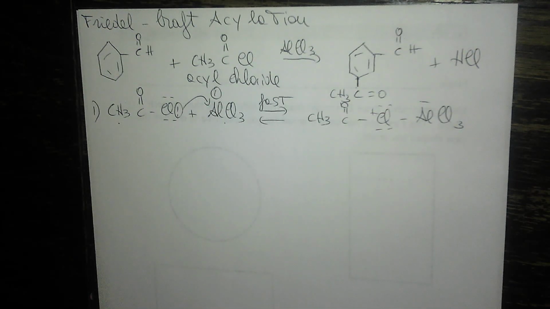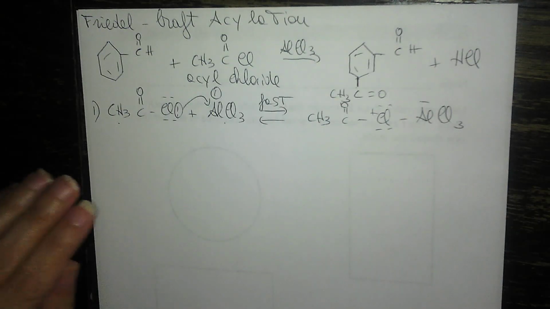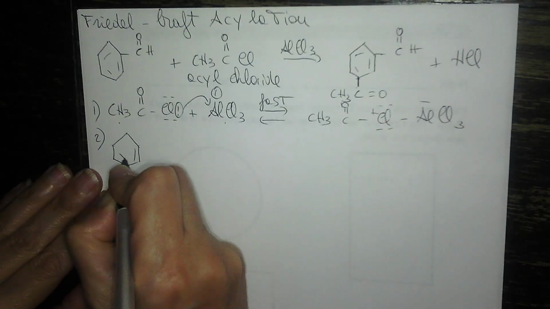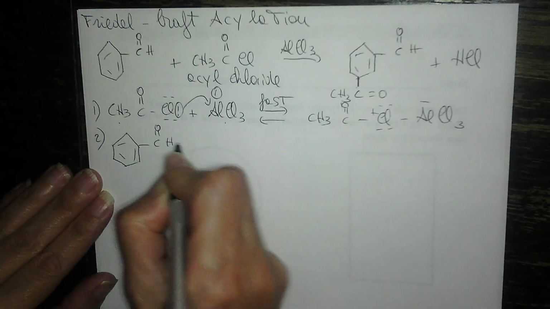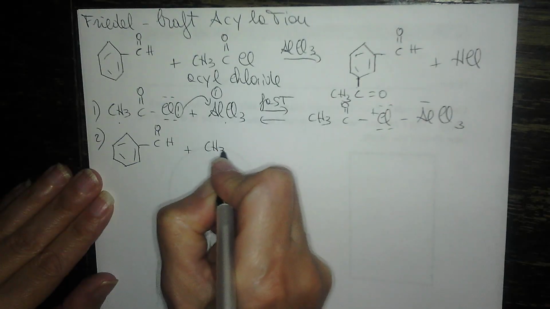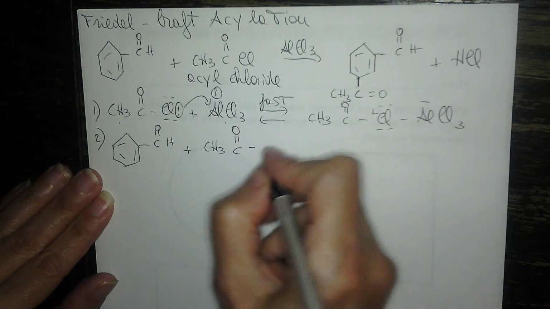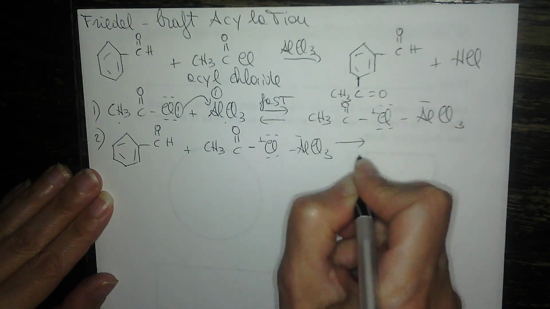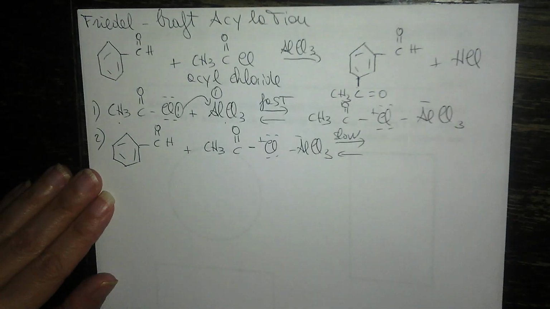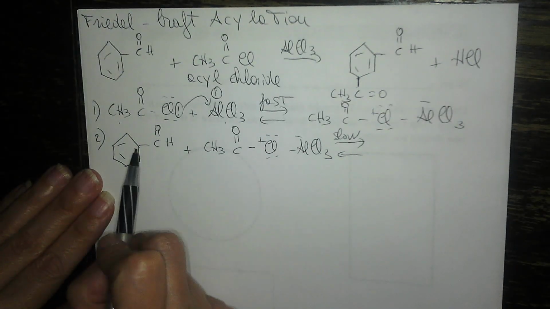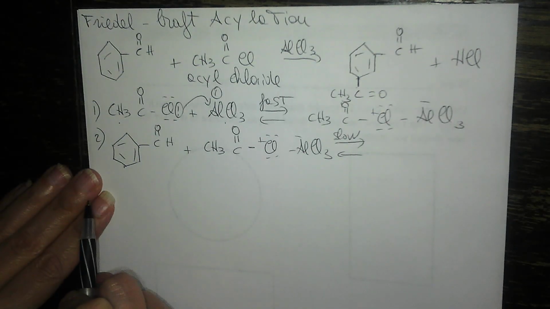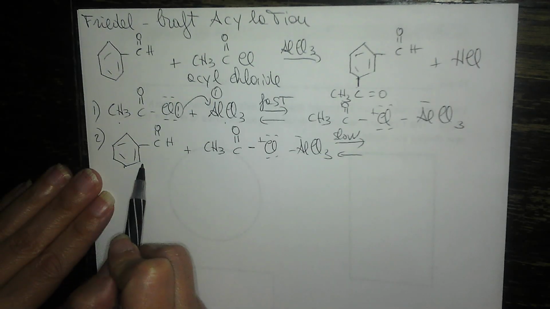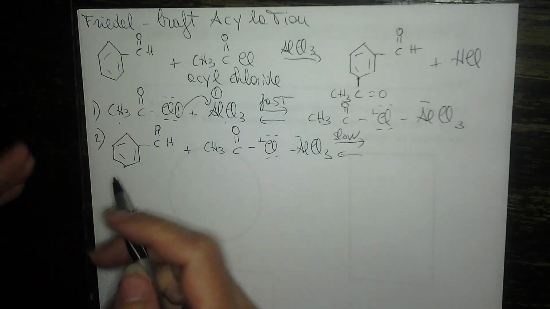Step 2 would be formation of the arenium ion. So I take my benzene, C double bond OH, reacting with the complex CH3, C double bond O, Cl with the plus, aluminum minus Cl3. And that's the slow step. Because it needs to be in meta position, I cannot use this bond because this bond would only give me the ortho.